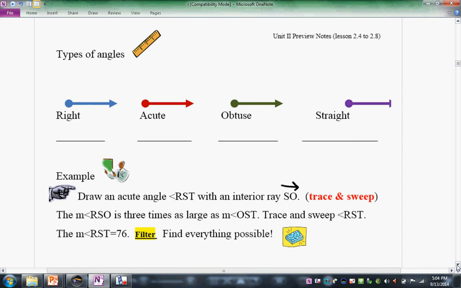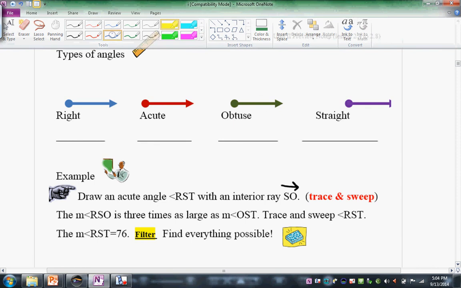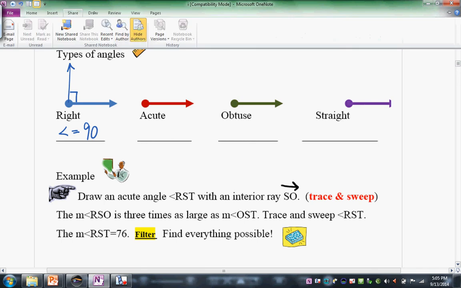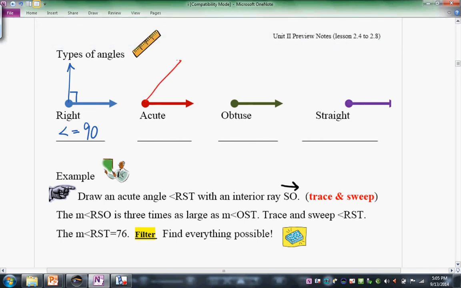There are 4 types of angles you should be familiar with. There is a right angle. Make your little box. That box means exactly 90 degrees. If you're going to draw a right angle, you must have that box. So it's an angle which is equal to 90 degrees. An acute angle is less than 90.